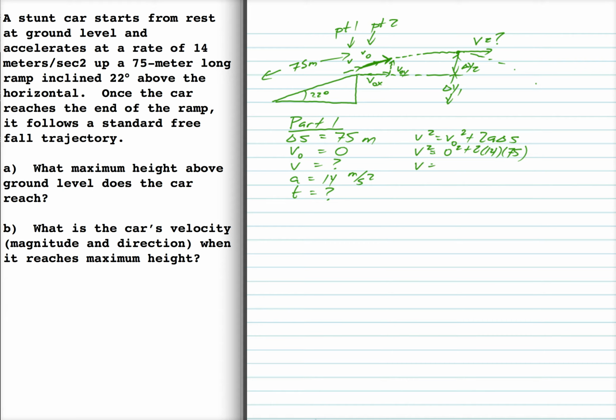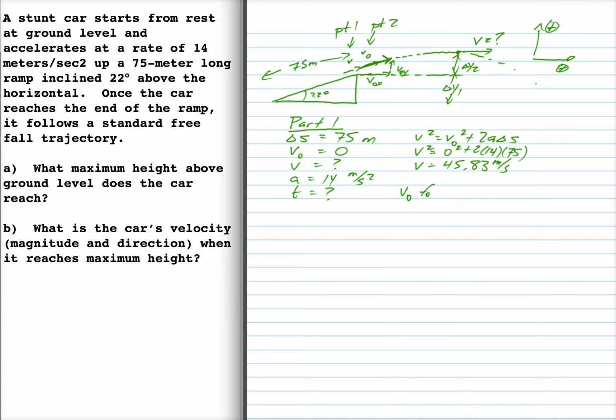Okay, now when I take the square root of this, I get 45.83. I'm going to take the positive value. My sign convention in this problem is that to the right is positive and up is positive, and so generally along the ramp that'll be positive as well. So my final velocity for part 1 is 45.83. That's the initial velocity for part 2.